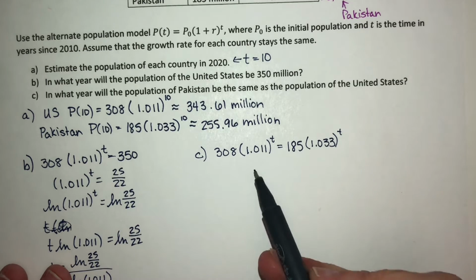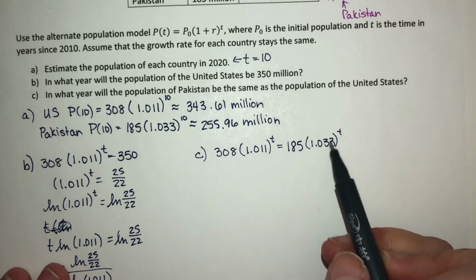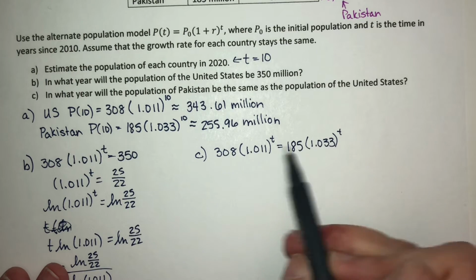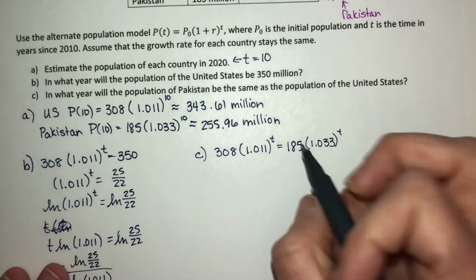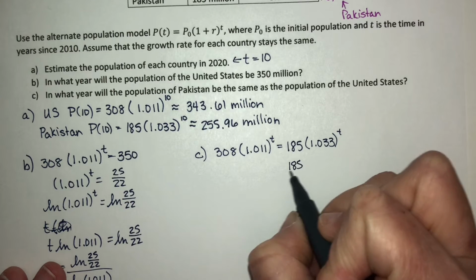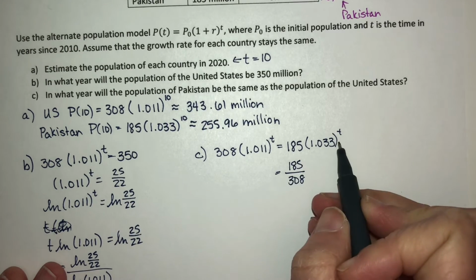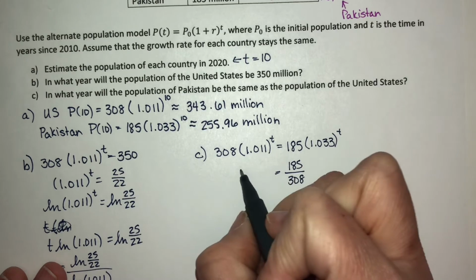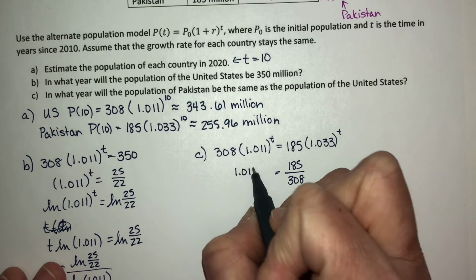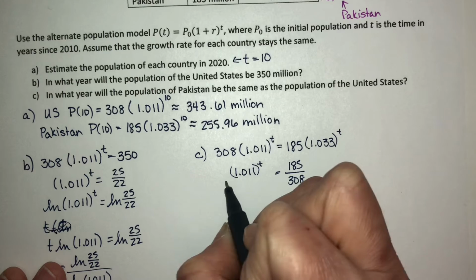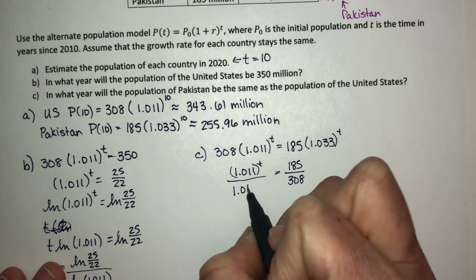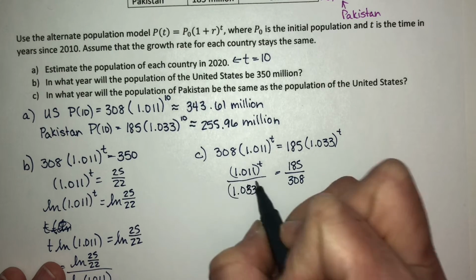Now I'm going to do two steps in one. I'm going to divide both sides by 308, which gives me the 185 over 308 over here. And then I'm going to divide both sides by this as well. So I have 1.011 to the t over 1.033 to the t.